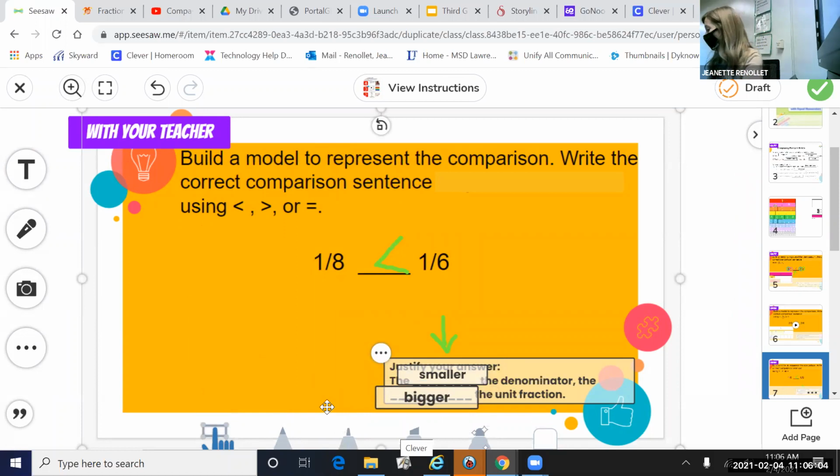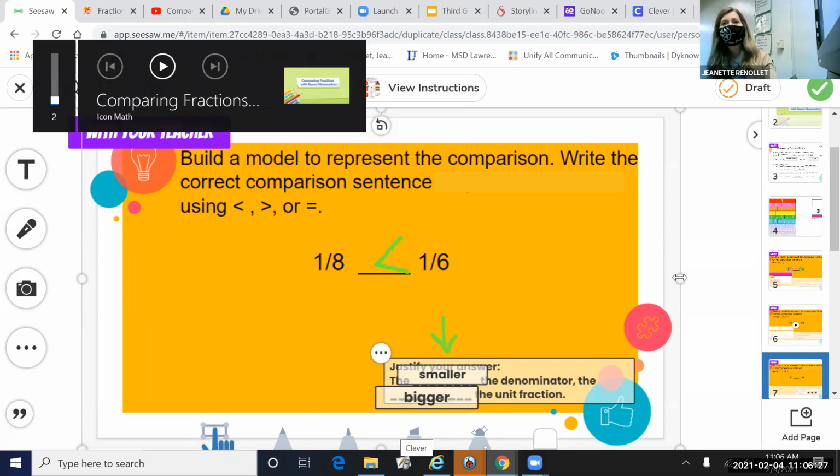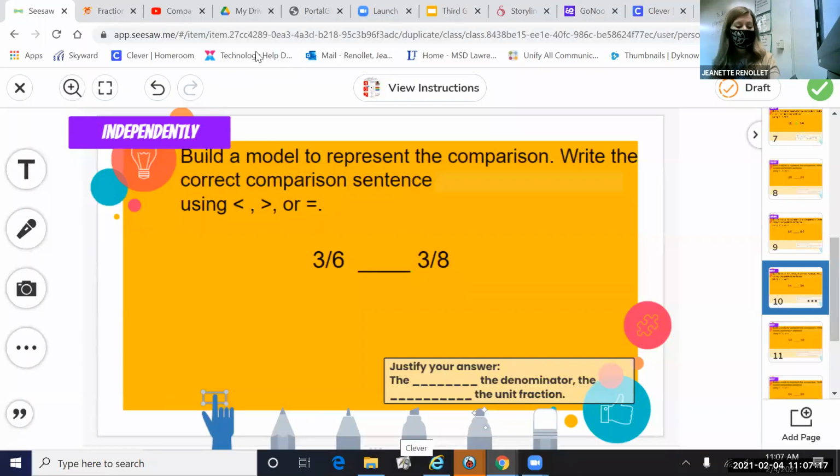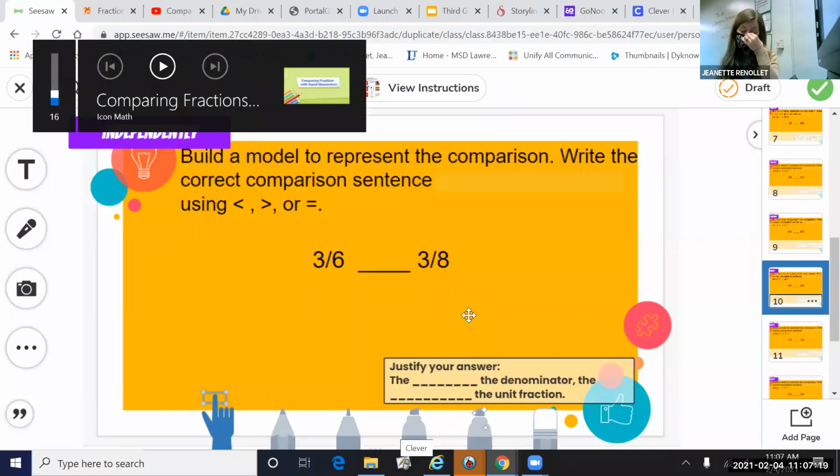This is what it looks like to justify or explain how you know. You use math vocabulary. You think about the unit fraction. You think about the words that we've been talking about. I want you to finish typing in your response, and then we will talk about your independent task today and what that looks like.